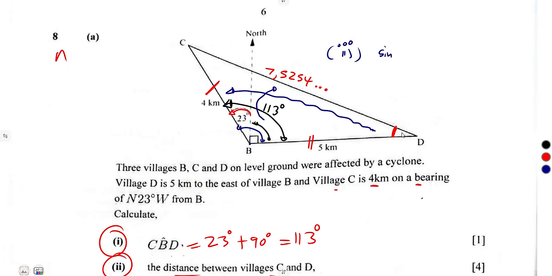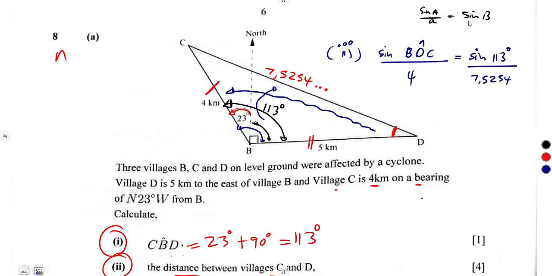The sine of the angle that we are calculating, BDC, over the corresponding side, 4 kilometers, is equal to the sine of what is given, 113 degrees, over the corresponding side, 7.5254 and so on. So you're going to simply use the sine rule: sine A over a is equal to sine B over b.